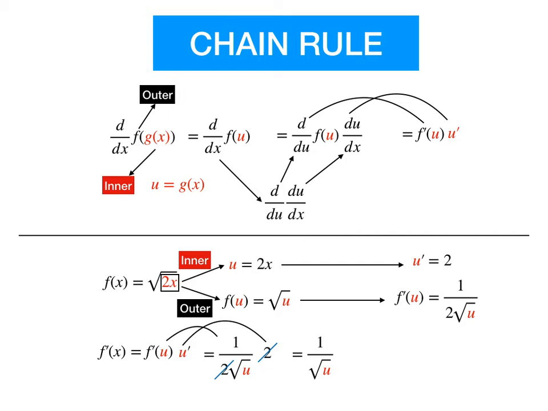Our function is in terms of x, so we have to convert u back to x, where u equals 2x. Then you will have 1 over square root of 2x. So the conclusion is if f of x equals square root of 2x, then f prime of x equals 1 over square root of 2x.